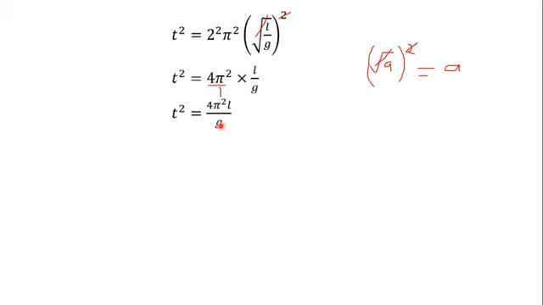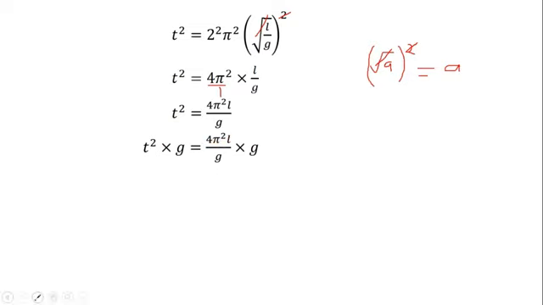You multiply each term by the LCM. So we multiply the term, which is T squared, by G. Then we multiply this term here, 4 pi squared L over G, by G, in order to clear the fractions. So T squared times G is equal to 4 pi squared L over G times G.